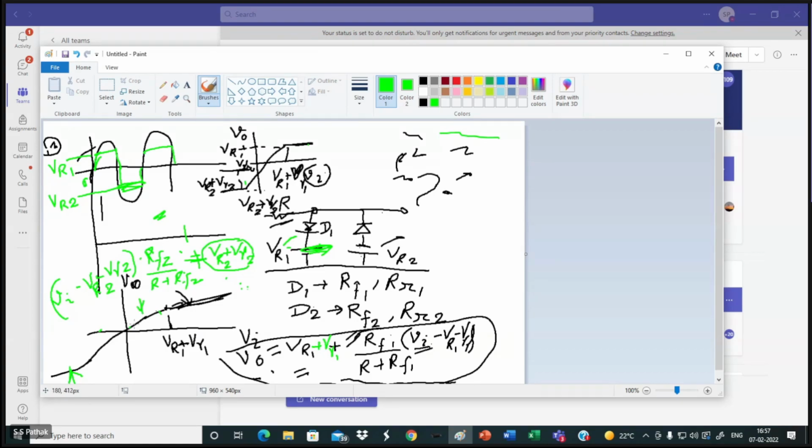Here I'm talking this thing. Positive direction. What is going to be here? Vi is positive. Okay. Increasing. And this diode D1 is reverse biased. If it is reverse biased, what is this slope?